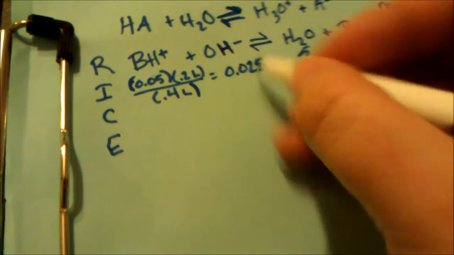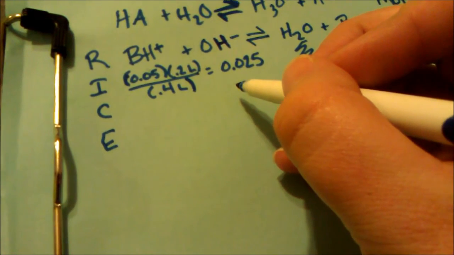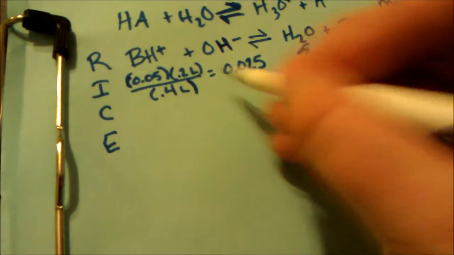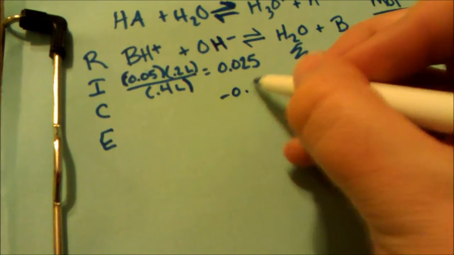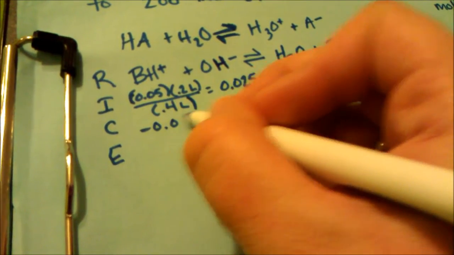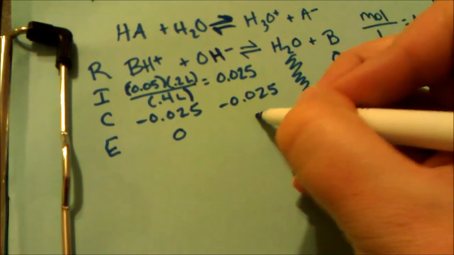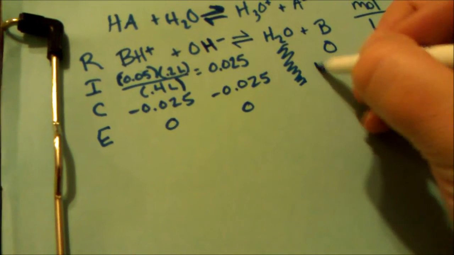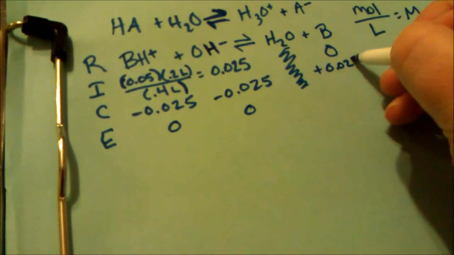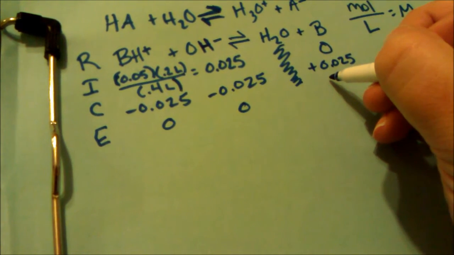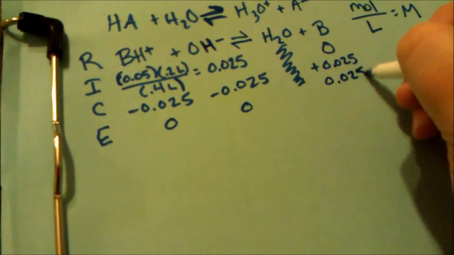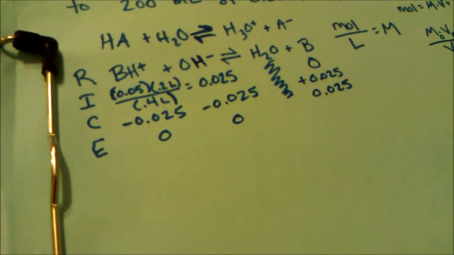All of our hydroxide is going to neutralize for as much weak acid as we have, which, since we have equal amounts right here, means that all of our hydroxide is going to neutralize with all of our weak acid, and we're going to be left with 0 of both of these and 0.025 of our weak base.